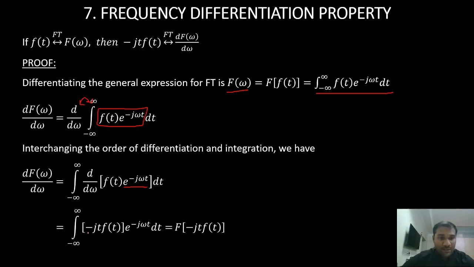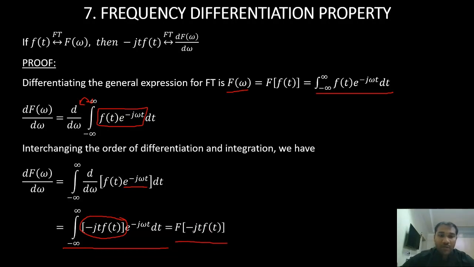So this expression here is nothing but integral minus infinity to infinity of some function into e power minus j omega t dt. This is nothing but Fourier transform of that function. That is nothing but Fourier transform of minus jt f of t.